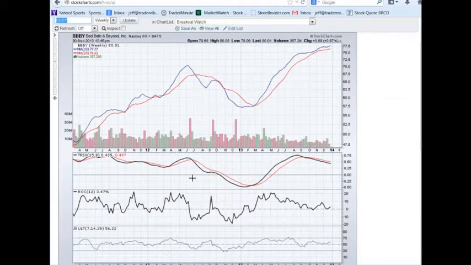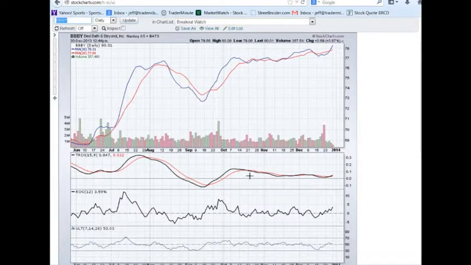You'll notice it looks similar to the MACD. The TRIX is kind of bearish here for Bed Bath & Beyond on a weekly basis, but the TRIX on a daily basis is actually making that black line above the red line, which for momentum oscillators is a very bullish sign. Especially here with Bed Bath & Beyond.